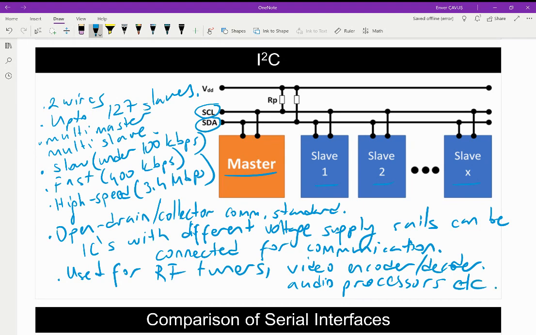So this standard is developed by Philips, and as you see, we are also using some pull-up resistors here. This is necessary because in order to control different slaves, we have to do this. And note that in this configuration, each slave has a unique address.